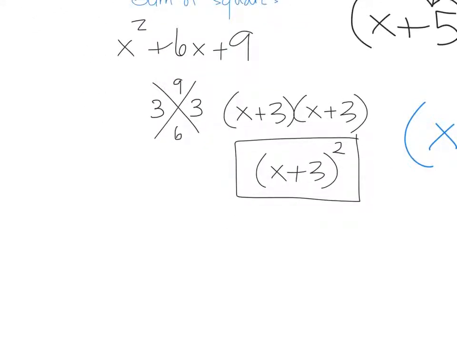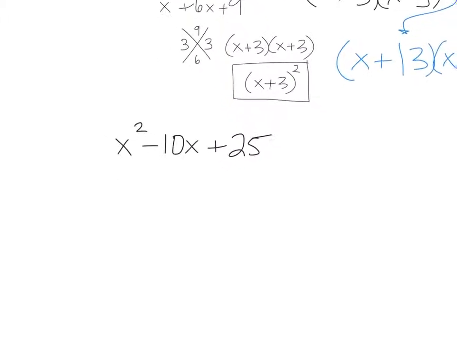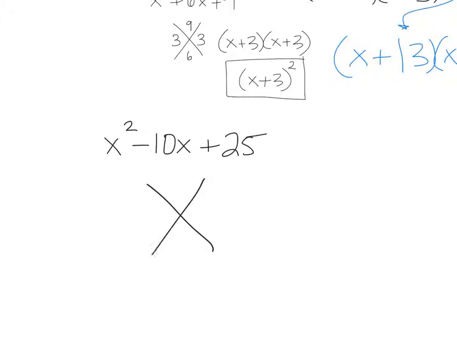So if you recognize them, they can be pretty easy to do. Like x squared minus 10x plus 25. So what numbers multiply to give you 25 and add to give negative 10?